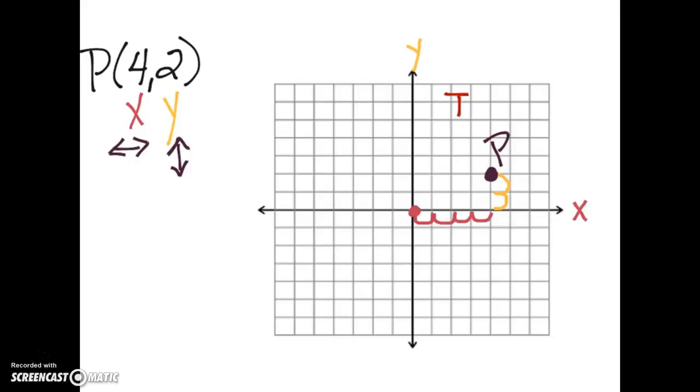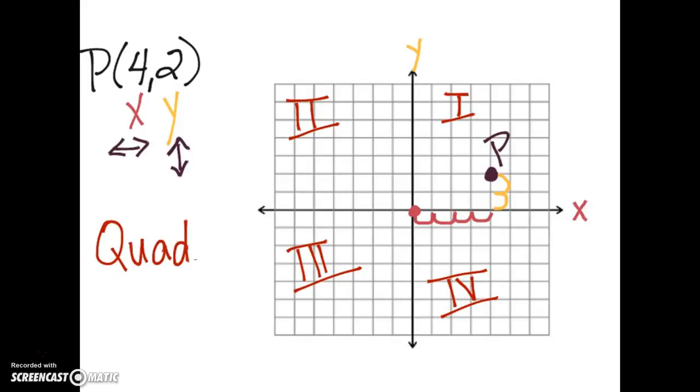And I would suggest that every time you get a graph, until you feel like you have these completely memorized and you could repeat them to me in your sleep, I would label them every time. Okay, so point P is in quadrant 1. And I'm okay if you abbreviate those as Q1. So you would have to graph this point and then know that point P is in quadrant 1.